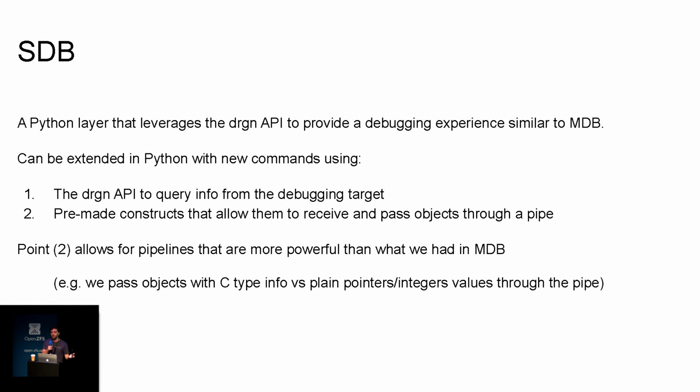So it can actually receive and pass objects through a pipe. And again, I want to point out that this is a pretty powerful concept because we're passing Drgn objects that have a whole context with them. They're not just pointers that we pass along.